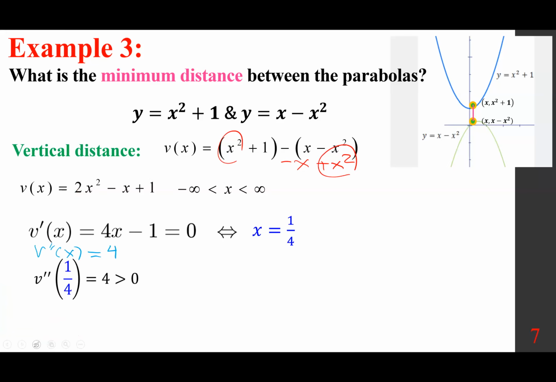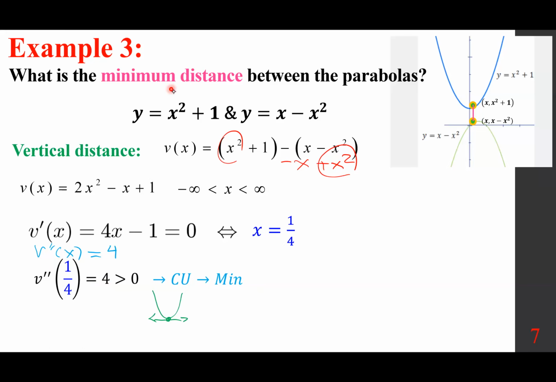So it is important to understand we have to really plug in, but there's nothing to plug in, so it's 4. Positive means concave up. Concave up, looking like that, means minimum. So the minimum occurs when x is 1/4.